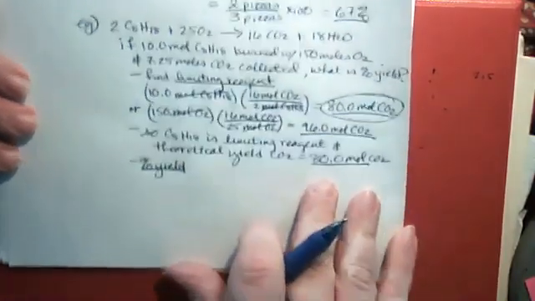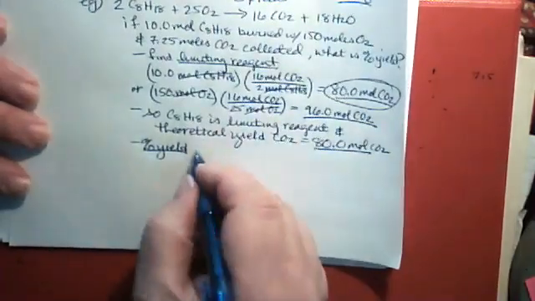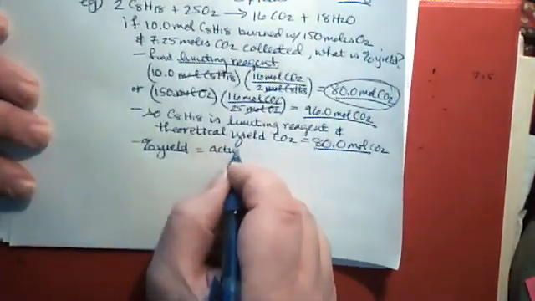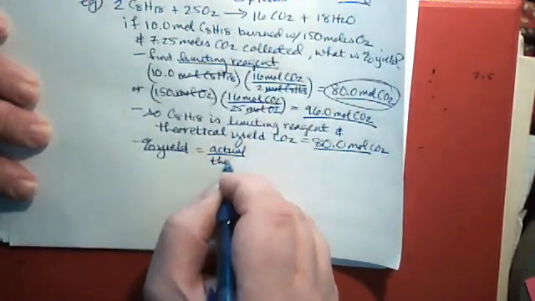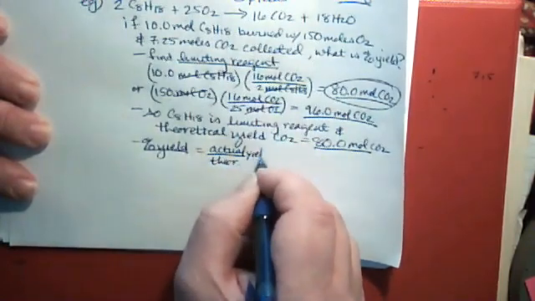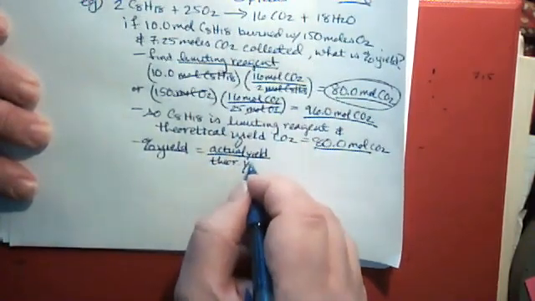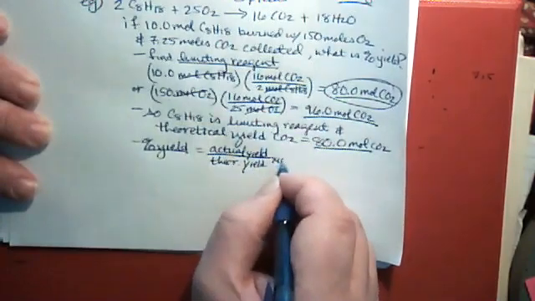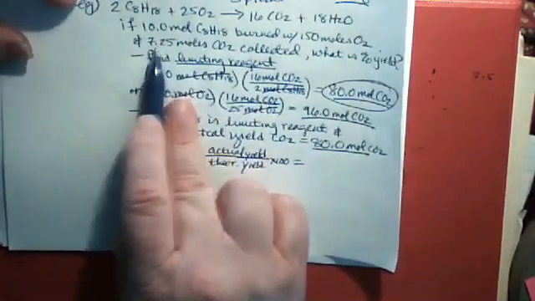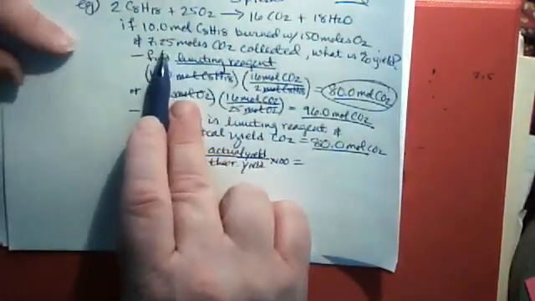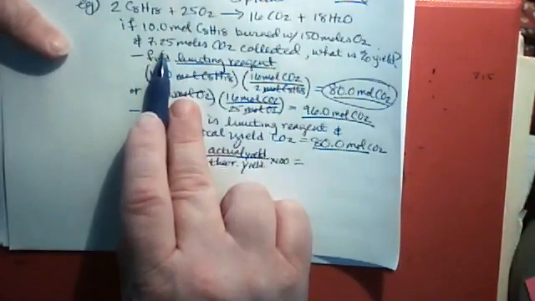Percent yield is, again, actual over theoretical, times 100. The actual yield was given back in the problem, 7.25 moles.